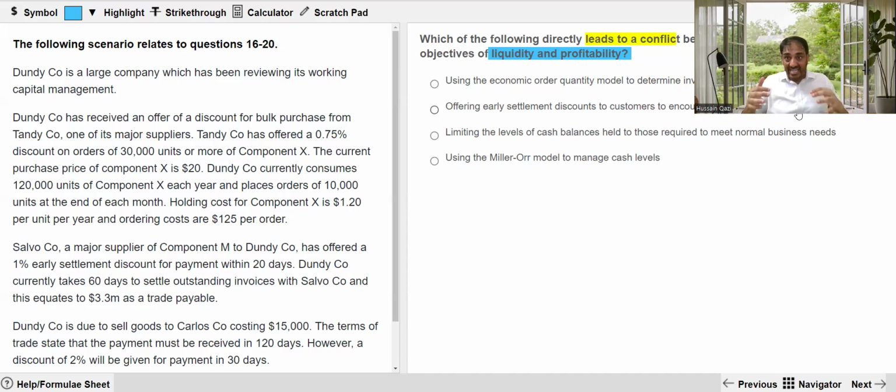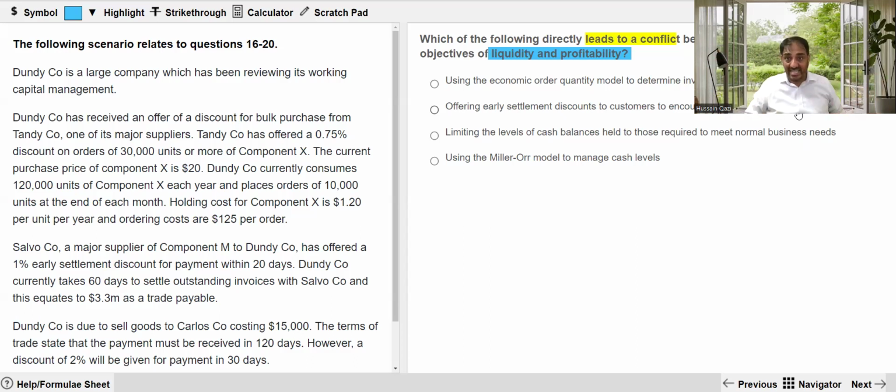So before analysis, it may be a conflict between these two objectives. Once you analyze the position and identify that, okay, if we offer the discount, our position in terms of profitability will increase because of its net benefit, then profitability will also increase and liquidity also increases.